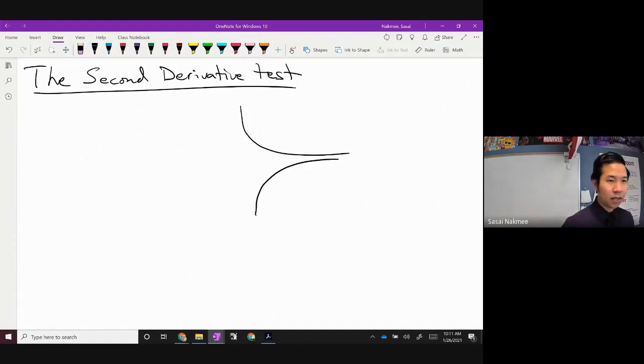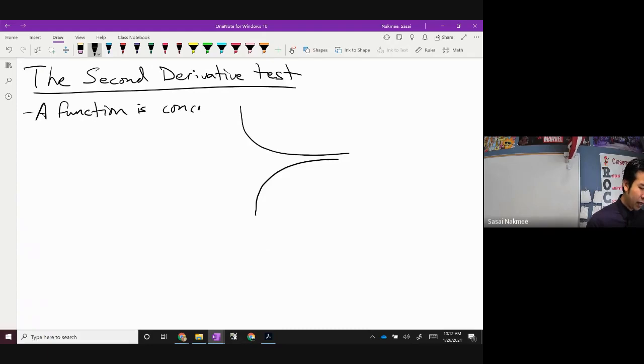When you're dealing with the second derivative test, it'll tell you if a function is concave up or concave down. And it's very simple, almost as simple as the first derivative test. In fact, I'd say it's pretty much the same. A function is concave up when the second derivative is positive.